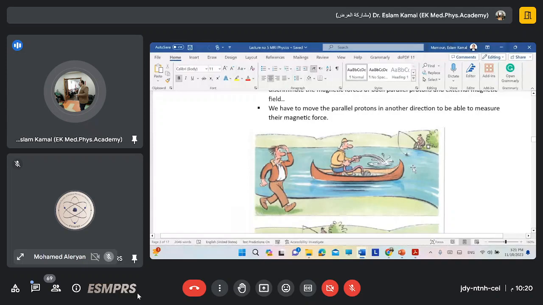So we have to change the direction of the magnetic force that comes from the proton itself. As you can see here, we are going to change the direction of the magnetic force of the proton itself.